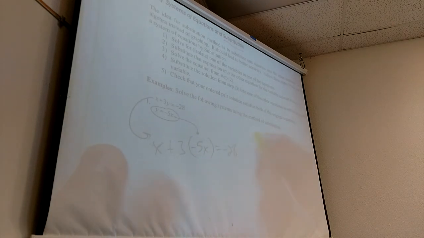So the first one then is x plus 3 times y. But what is y? Negative 5x. That's why they call it the substitution method. You solve one of the equations for a variable, and then you replace that variable with what it equals. So x plus 3y equals negative 28.